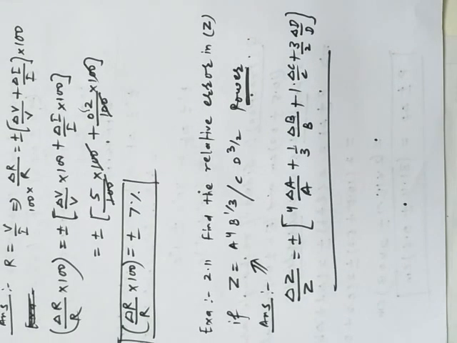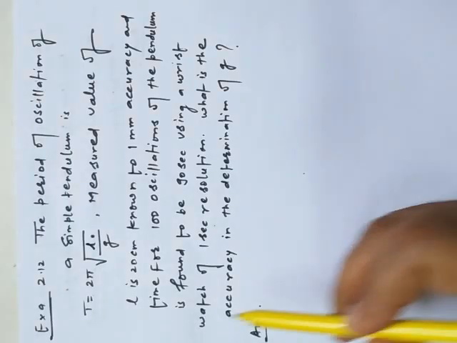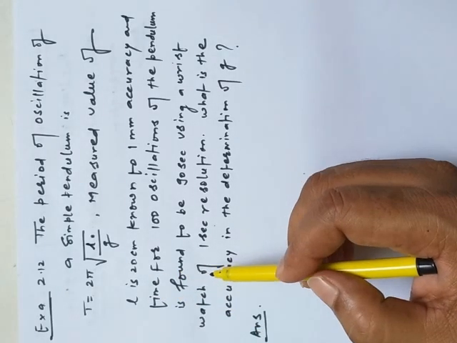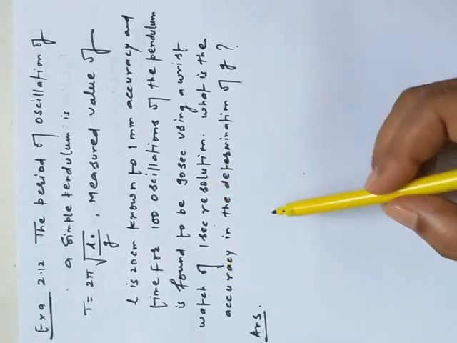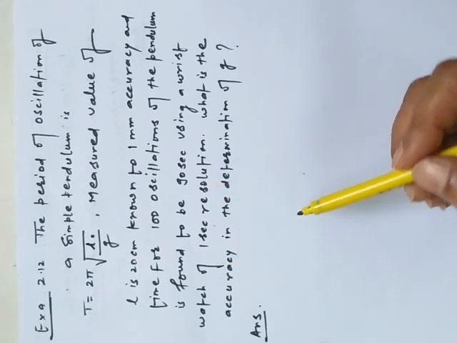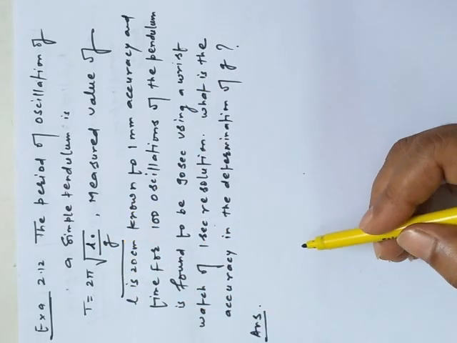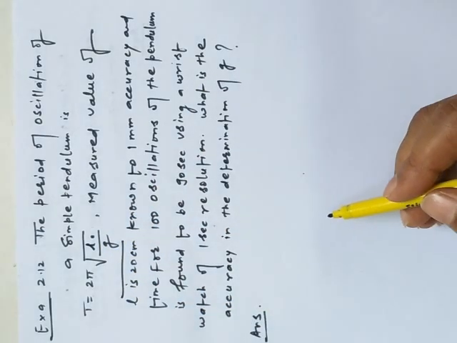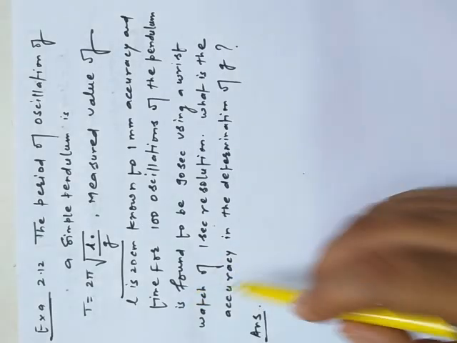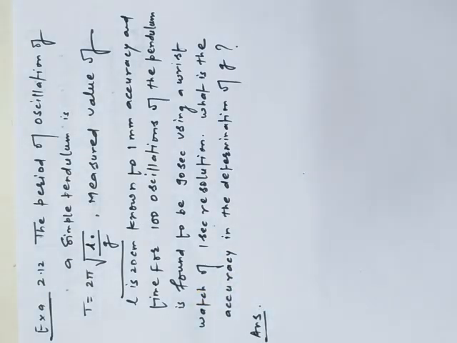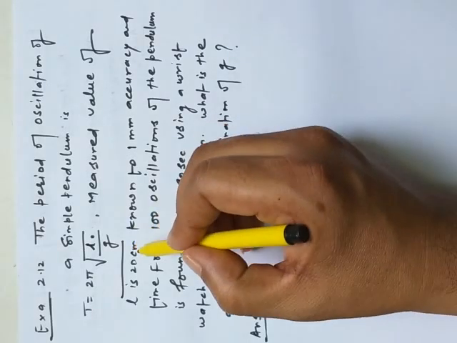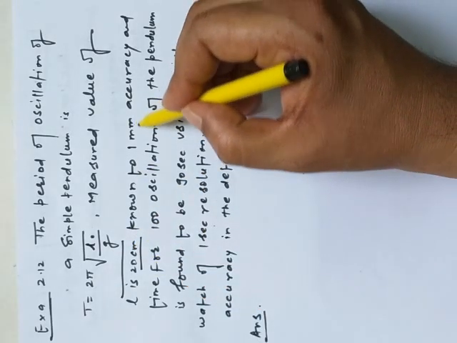Okay. Now dear students, example number 2.12 NCERT: the period of oscillation of a simple pendulum is given by T is equal to 2 pi under root L over G. So it's the general time period formula of the simple pendulum. The measured value of L is 20 centimeter, known to 1 mm accuracy.